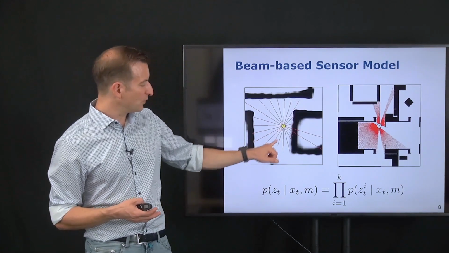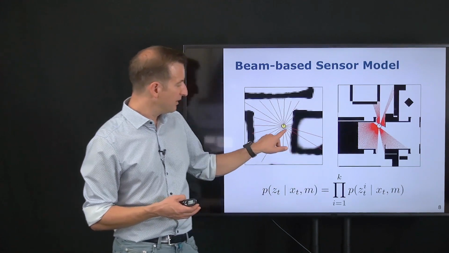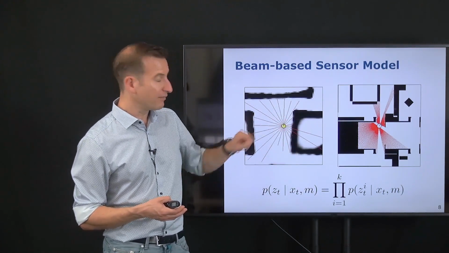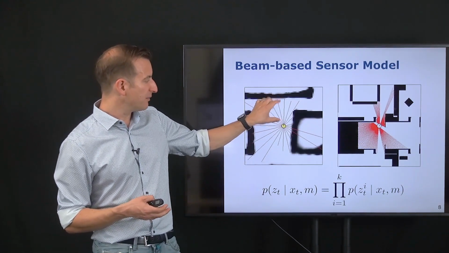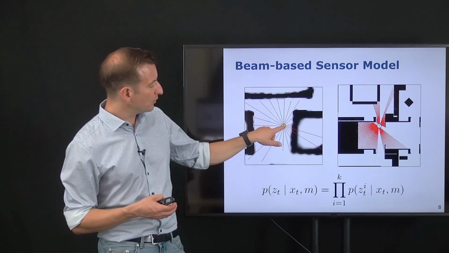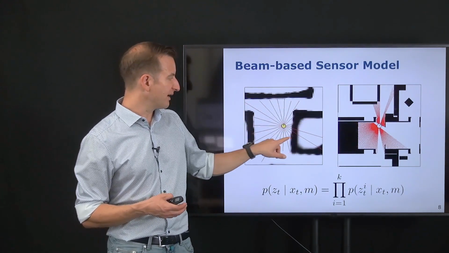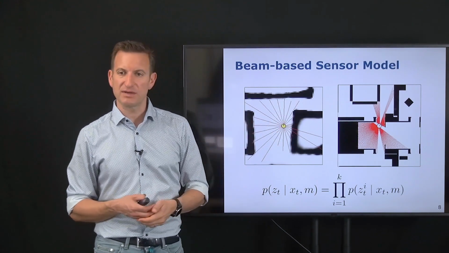And what we now want to do is take this product over here and compute this value for each of those red rays and say how likely it is to get that observation given I'm here and given that's what the world looks like. So you can assume you know where you are, you know what the world looks like, and then you need to answer the question: how likely is it to actually get that range reading?